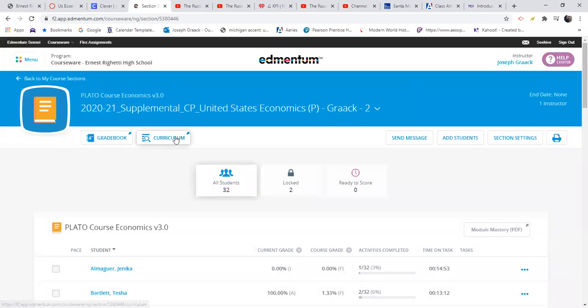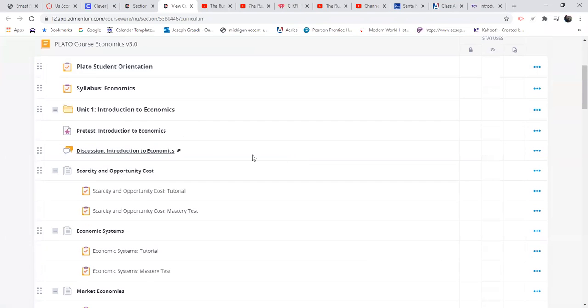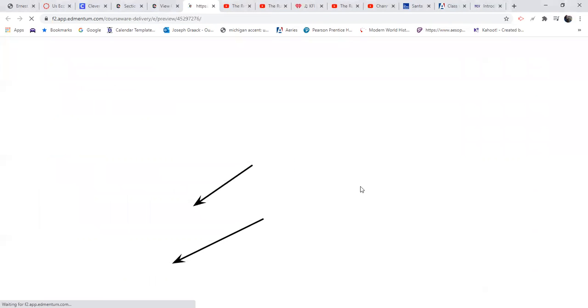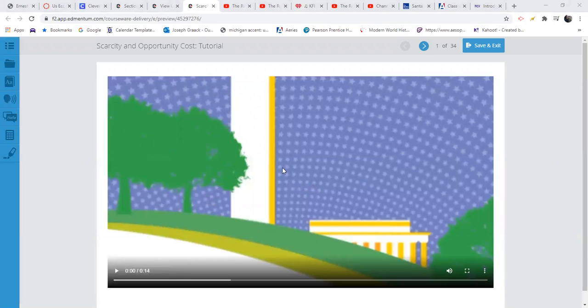So in unit 1, right below your pretest are two sets of questions based off of scarcity and opportunity cost and economic systems. And it says test, it's not really, it's just 10 review questions. If you want to go over anything more besides your notes, there are little tutorial slides that you can watch.